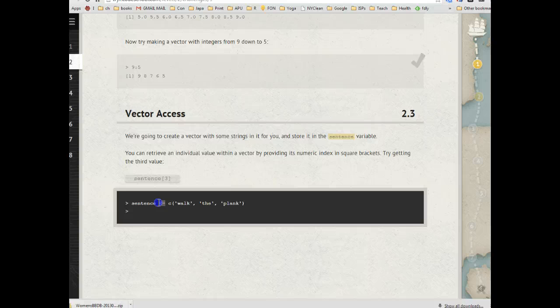It means we're assigning something to a variable called sentence. What are we assigning to the variable called sentence? A vector of numbers? No, a vector of strings, right? So we do it.